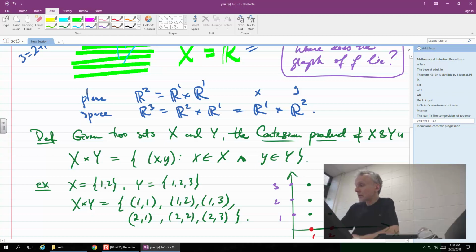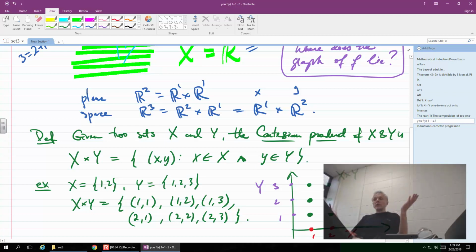The red one is capital X, and the purple one is capital Y. I don't really need to name them in any particular way. I just choose to place my sets within the reals for illustration purposes only, and it turns out that these 6 points in green form the Cartesian product of these two sets.